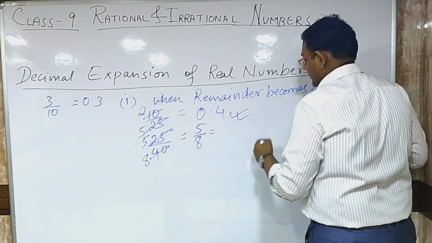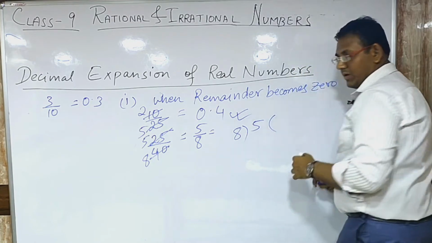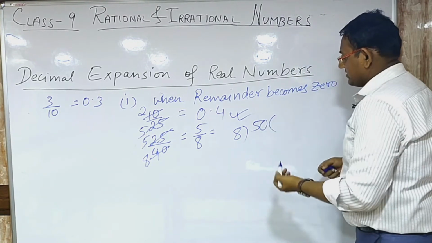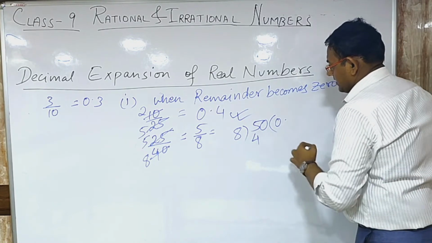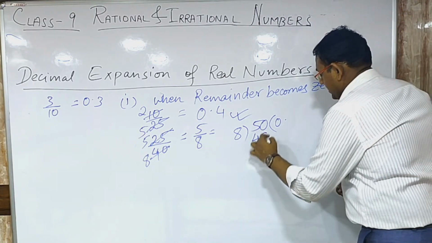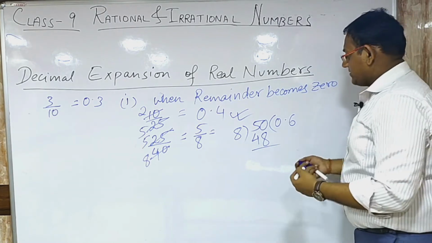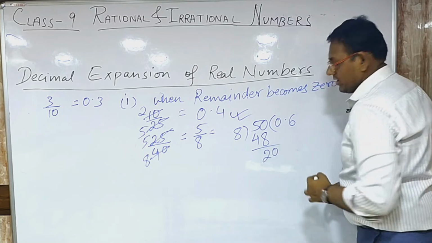If we divide 5 by 8, what is the general process? The general process is to put a 0 and a dot over here. Then we write the multiple of 8, and we know that 8 times 6 is 48, so after putting this we write 20 over here.